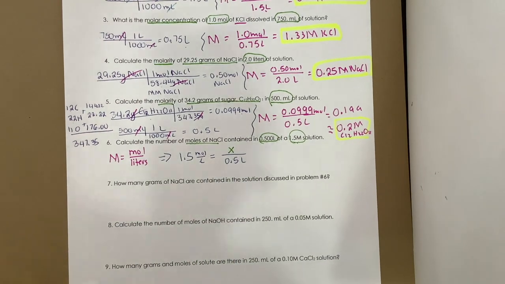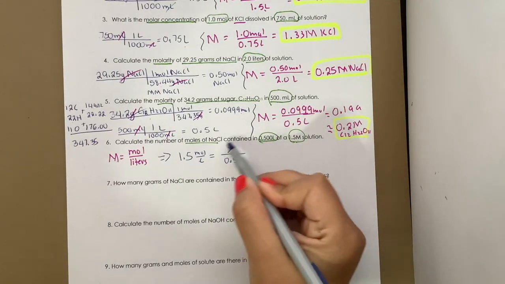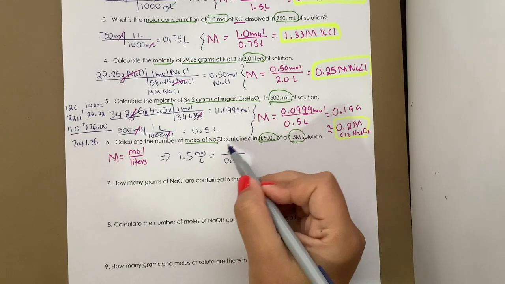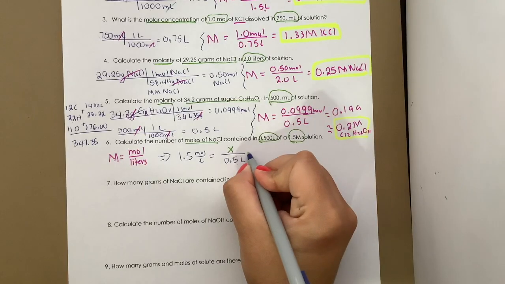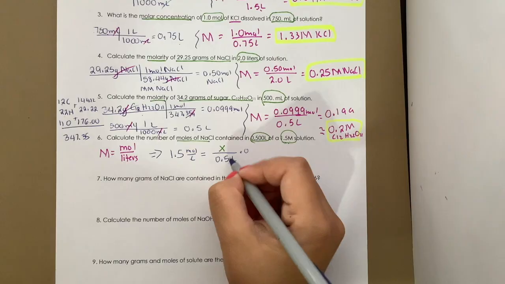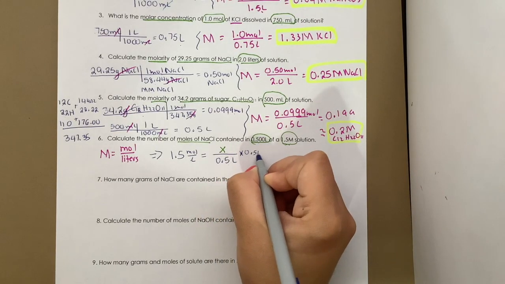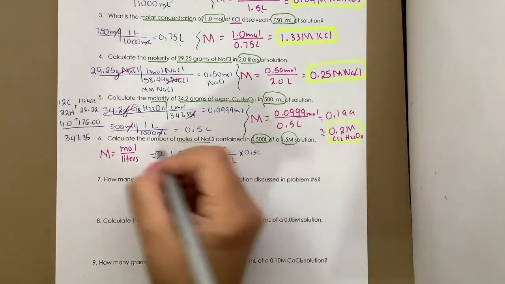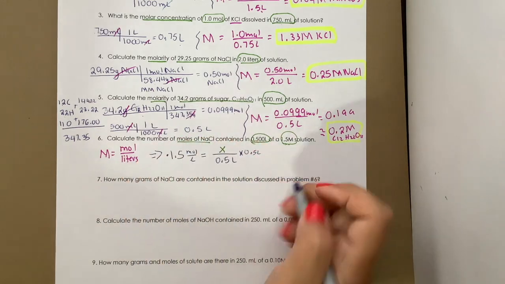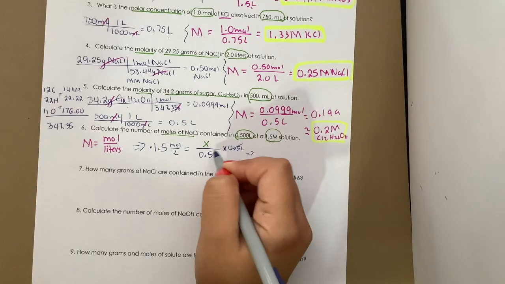Okay, I'm gonna solve it the long way. So to isolate X, here X is being divided by 0.5. So to isolate X, I'm gonna multiply both sides by 0.5 liters. If I multiply 0.5 on this side, it cancels out.